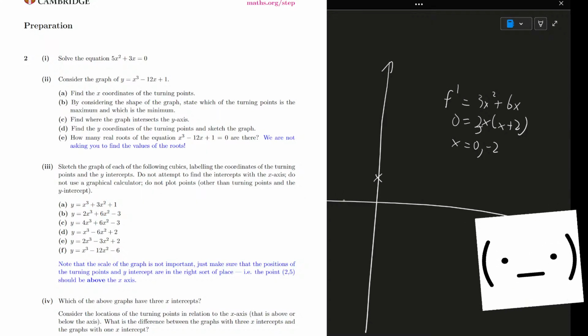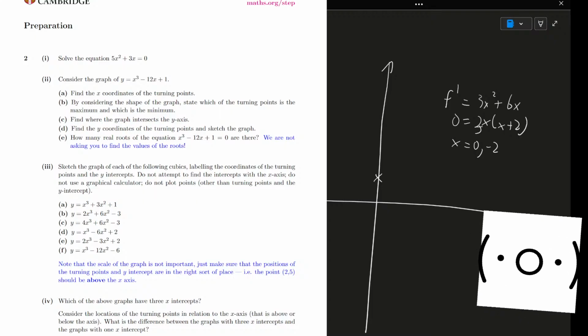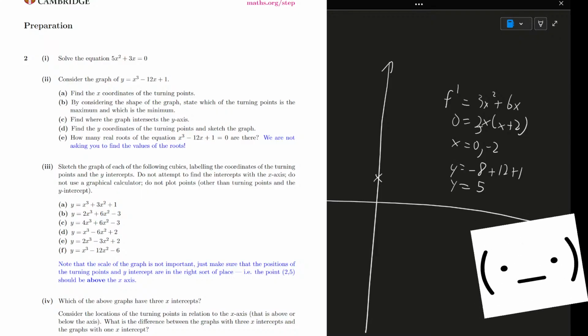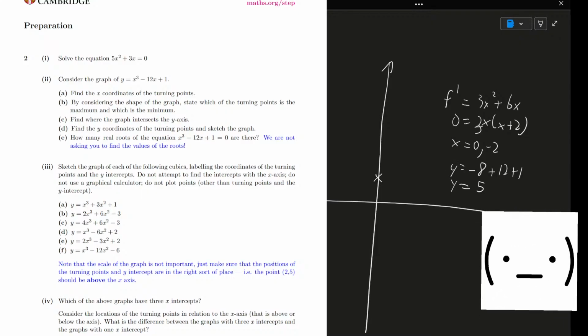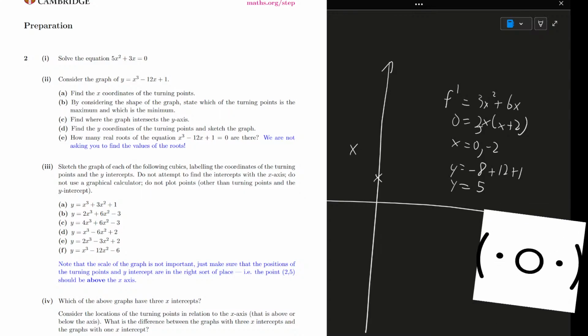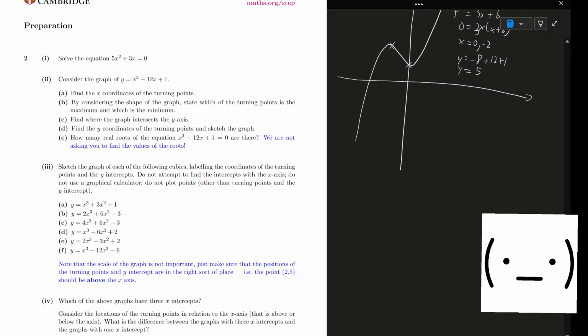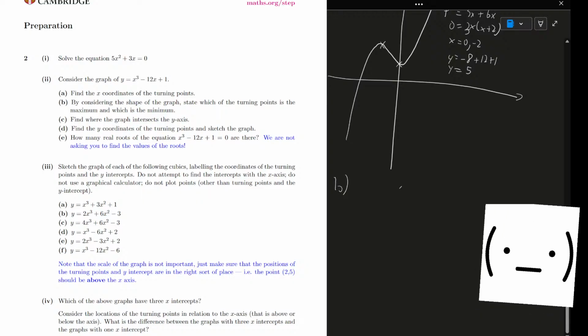The other turning point happens to be here, so y equals 5 for -2. So it's somewhere here. It looks like this. That's numero uno.